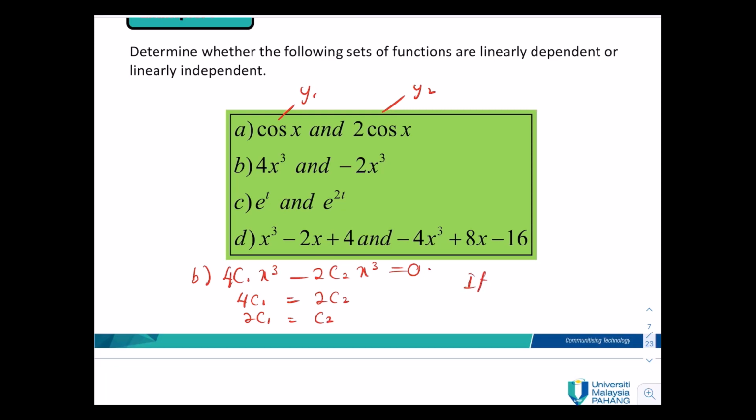If c1 equals 1, our c2 will be 2. Meaning this is linearly dependent, and this is also linearly dependent. But the third one is linearly independent. I want you to try it yourself and ask your lecturer to explain further about this.